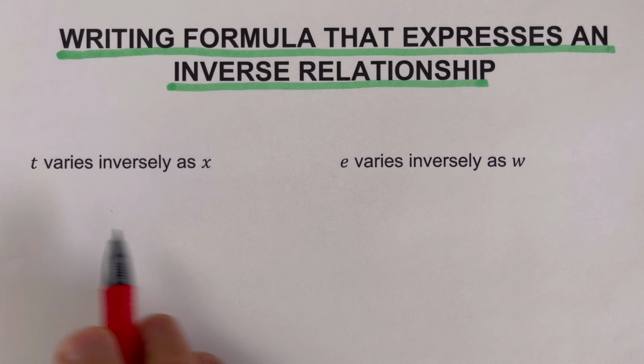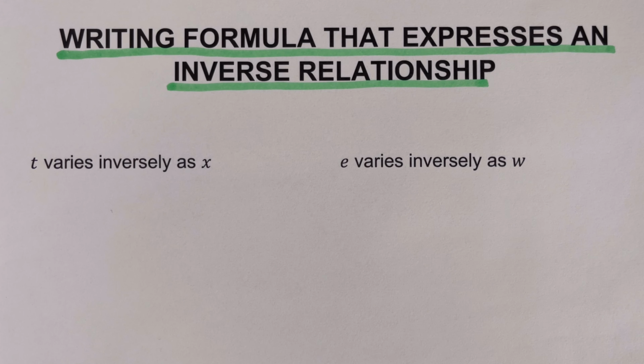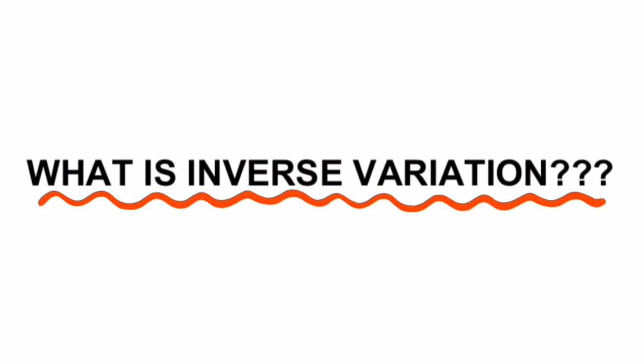Before we go over the examples, let's review the basics of inverse variation. So what is inverse variation? To better understand this type of variation, let's look at variable A and variable B. For inverse variation, if variable A increases, variable B will decrease.